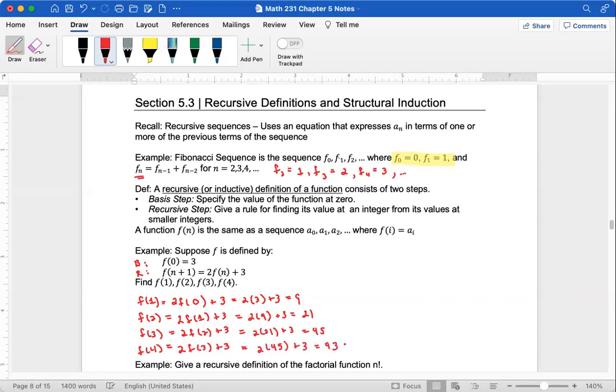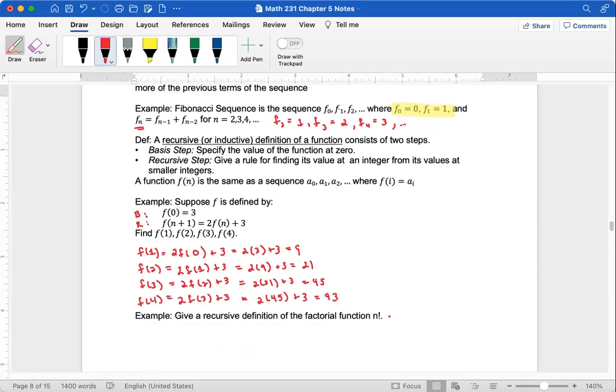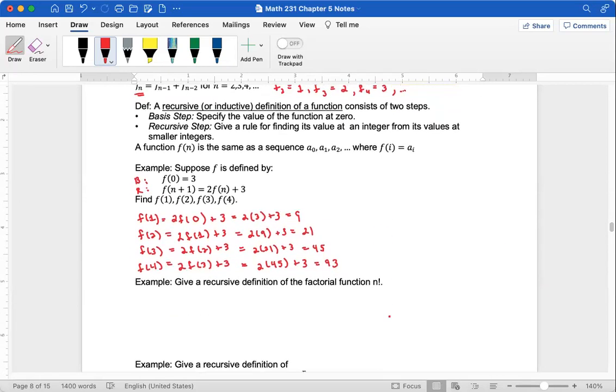And there we go. All the terms of our function. Very similar to how we did the sequences before. Okay, let's create a recursive definition. So they're telling us to create a recursive definition for f of n equals n factorial.